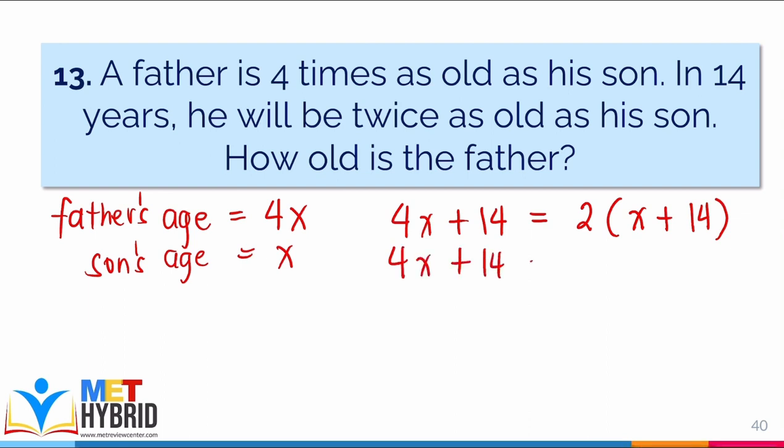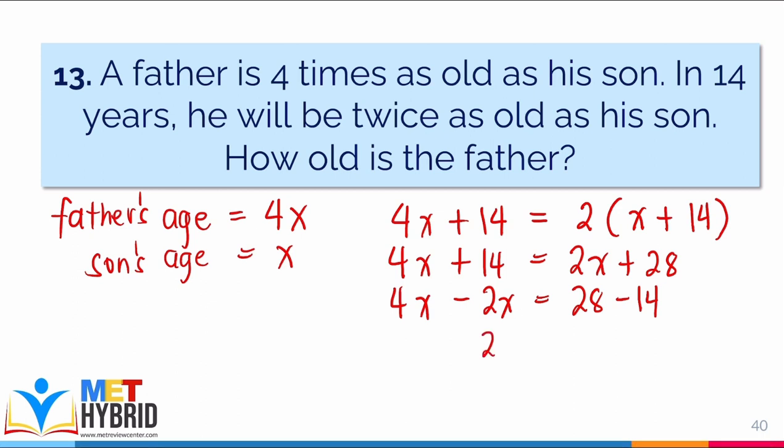Then we solve the equation. 4x plus 14 equals 2x plus 28. We transpose 14 to the right side and we transpose 2x to the left side. Therefore, we have 4x minus 2x equals 28 minus 14. The resulting equation is 2x equals 14.